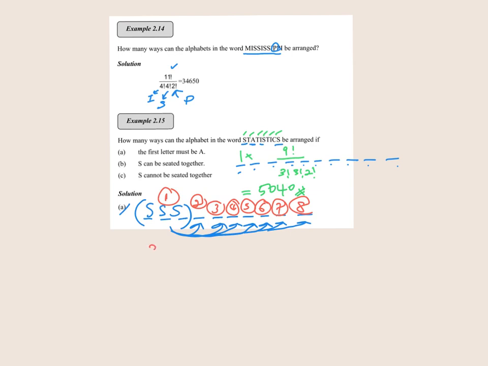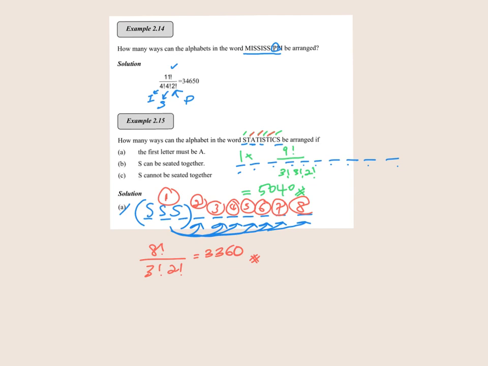So the answer would be 8 factorial divided by 3 factorial for T, multiplied by 2 factorial for I. The answer would be 3360. So there are 3360 ways to arrange the word STATISTICS if the S should be seated together.